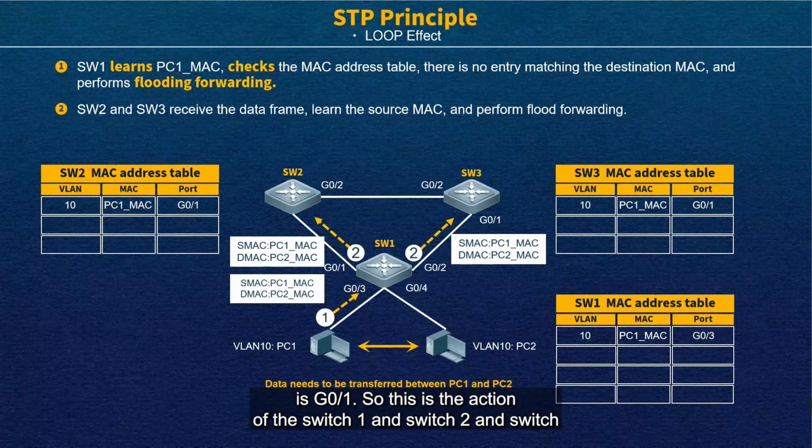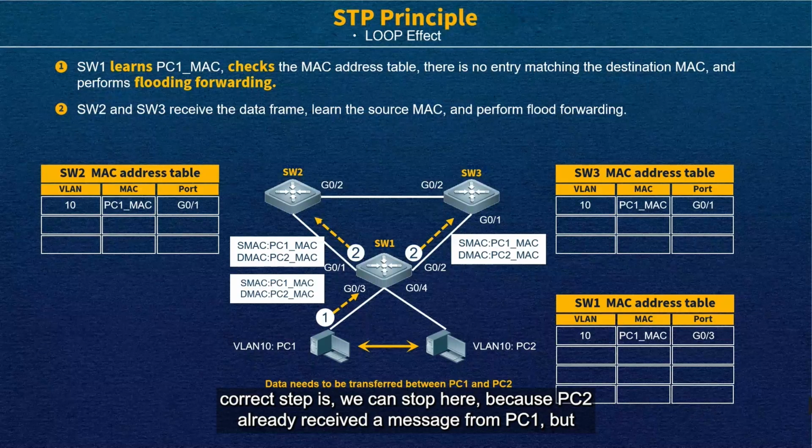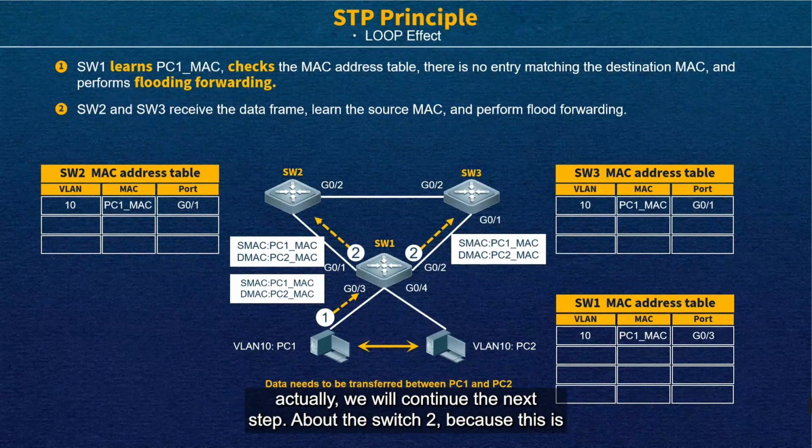So this is the action of switch 1, switch 2 and switch 3. Of course, in this scenario, PC2 already receives a message from switch 1. So the correct step is we can stop here because PC2 already receives the message from PC1. But in action, actually, we will continue the next step.